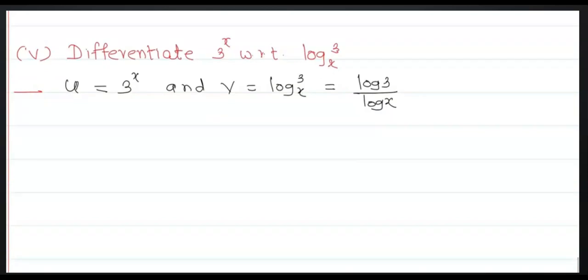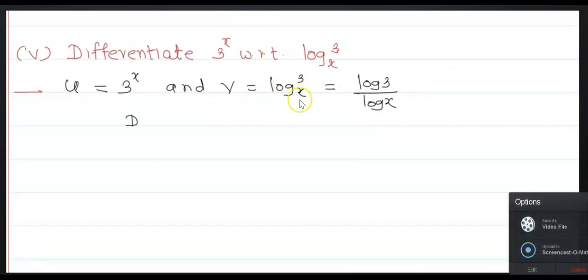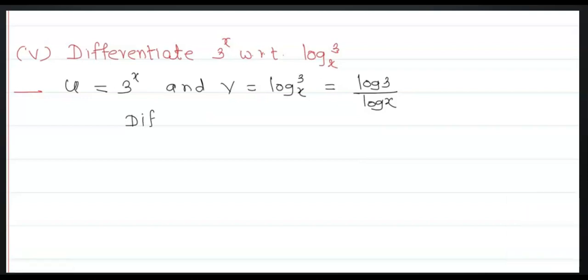Now u = 3 raised to x, and this is important. v = log of 3 to the base x, which can be written as log of 3 upon log of x. Now differentiate this with respect to x. Here, it doesn't require any substitution. What is the derivative of 3 raised to x? The derivative of 3 raised to x is 3 raised to x into log of 3.